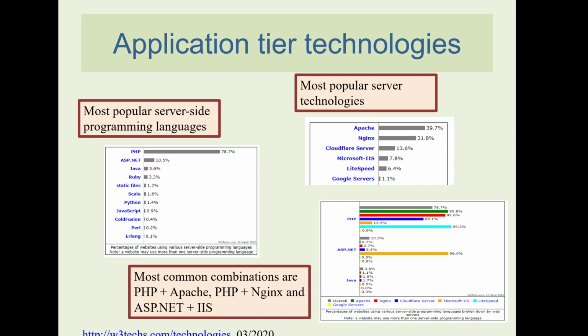And also you can see this division when we look at the server technologies. That means technology that's been used for implementing the server. So we see three technologies: Apache, Nginx, and Cloudflare Server, which are more frequently used than the Microsoft IIS, which is closely connected to the ASP.NET technologies.